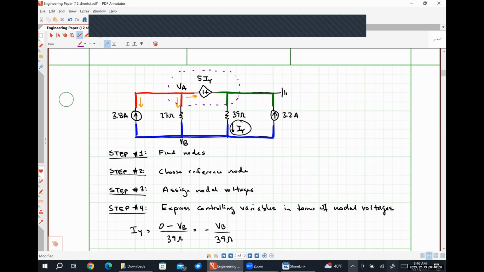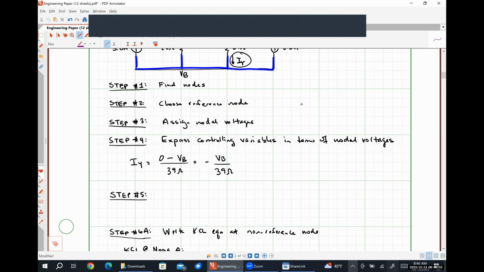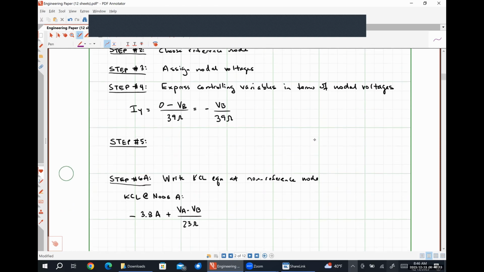So I'm going to erase this guy right here where it says write KCL equations at non-reference node. And I'm going to modify that to write KCL equations for all supernodes that do not contain the reference node.